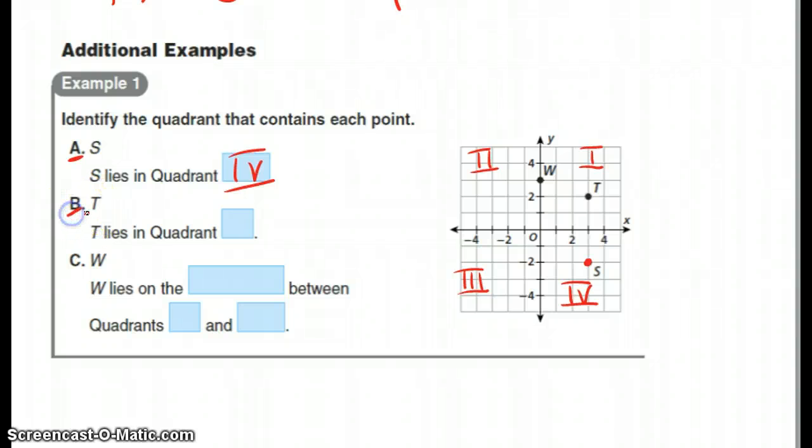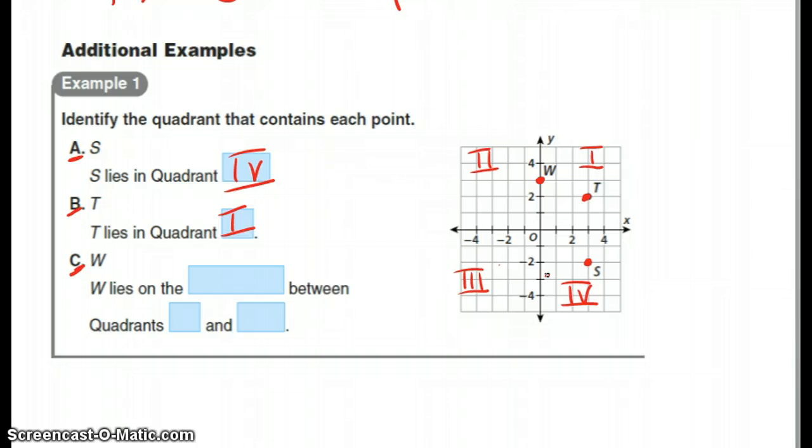Now I'm going to look for point T. I peruse my coordinate plane, and there it is, point T. I am in quadrant 1. Let's look for point W. Well, W is sitting on a line. Therefore, it is not in any quadrant.